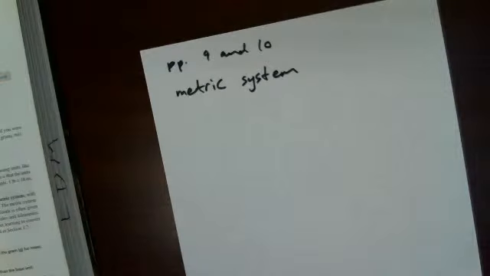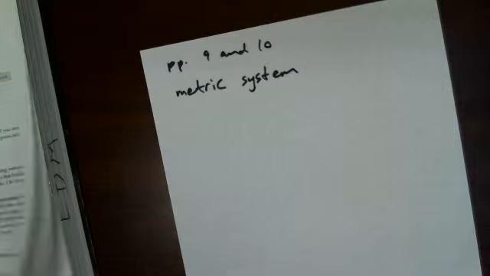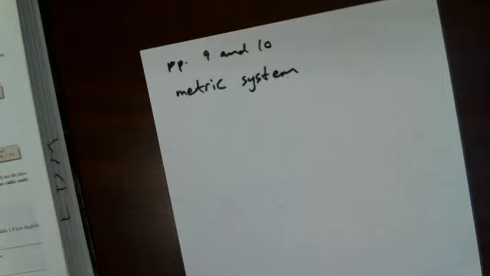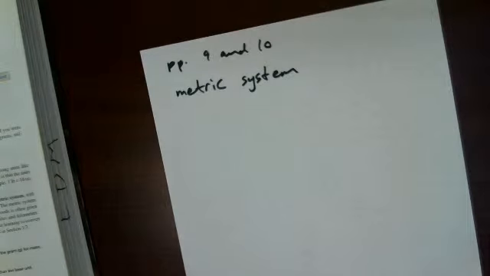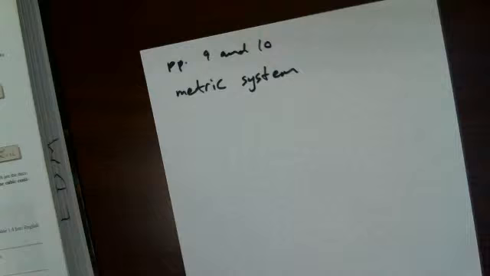Milli means 1,000th. There's a table on page 10 that will show you this. Centi means 100th. Things like that you should be familiar with, and you'll have to answer those test or assignment questions with some sort of basic knowledge of what those are. And for measuring mass, we use grams instead of ounces and things like that.